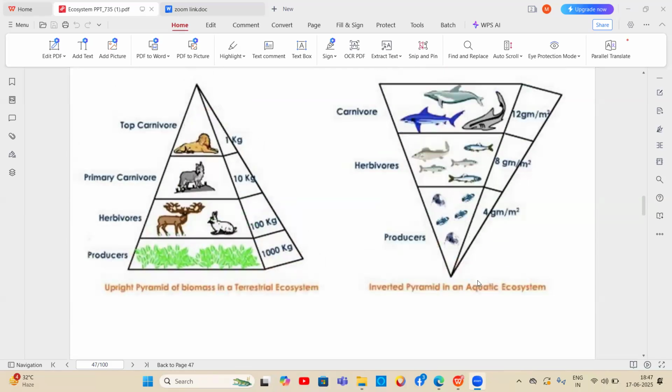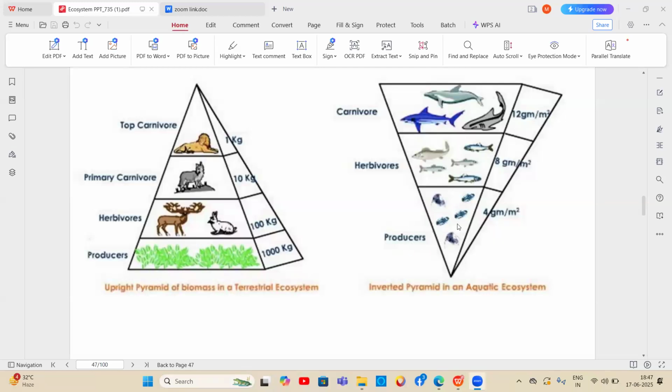whereas we can also observe the inverted pyramid in the aquatic ecosystem. Here the number of producers may be more, but the biomass is less. When compared to the producers, the biomass of herbivores is more. Here the producers only have 4 grams per meter square, whereas the herbivore biomass is more when compared to the producers.